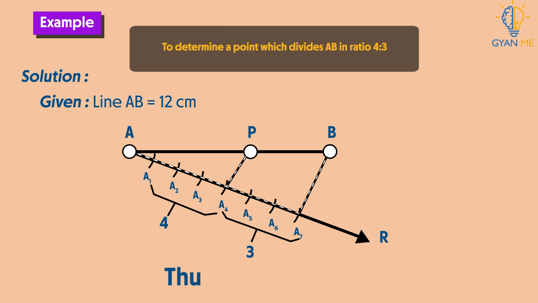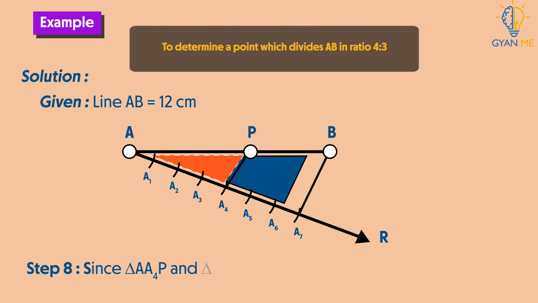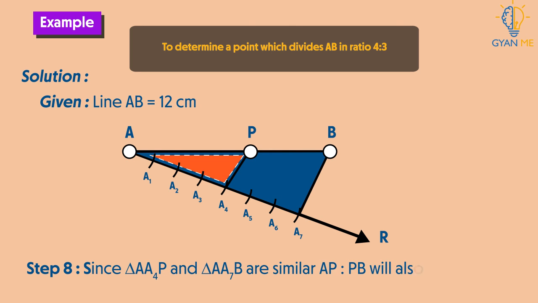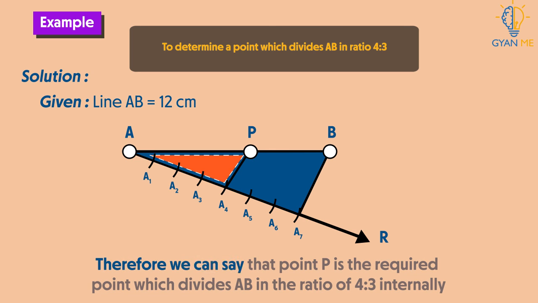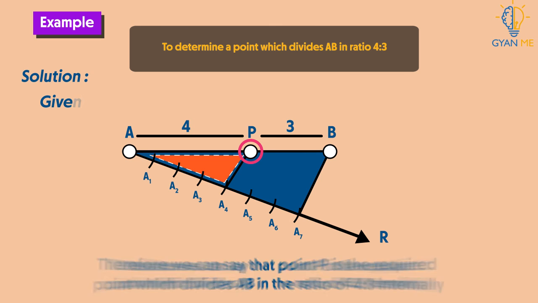Thus, AA4 is to A4A7 is equal to 4:3. And since triangle AA4P and triangle AA7B are similar, AP is to PB will also be 4:3. Therefore, we can say that point P is the required point which divides AB in the ratio 4:3 internally.